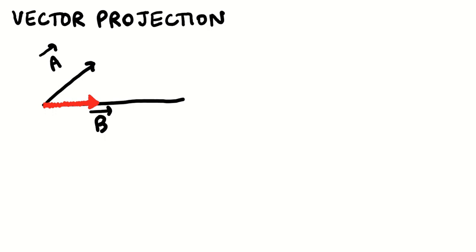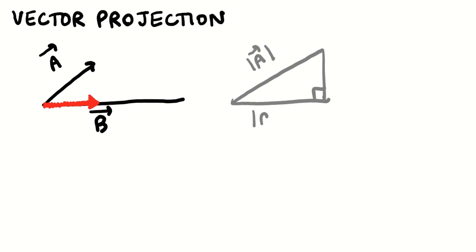So to develop this formula, I'm going to turn this A, B, and red thing into a right triangle and do some trigonometry. Basically, this is the length of A here. This is going to be the length of the projection, which I'm just going to call the projection for now.